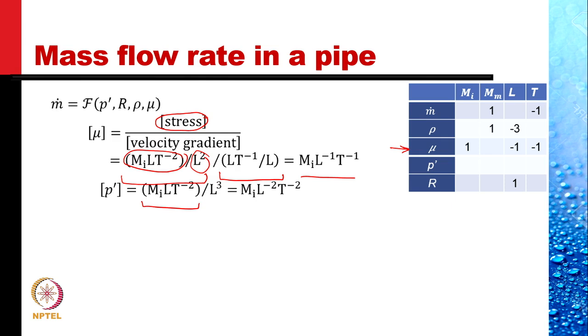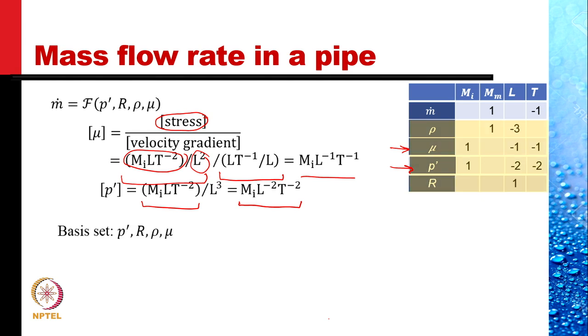So the dimensions of the pressure gradient are mi L raised to power minus 2 t raised to power minus 2. And that we write in this line as mi 1 L minus 2 t minus 2. This completes the table of dimensions.